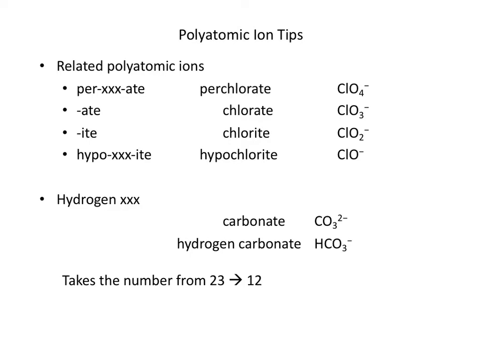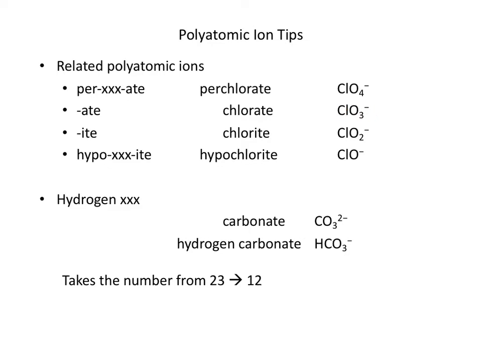So there are some patterns that you may notice when you look at the polyatomic ions that can help reduce the number a little bit. If we look, for example, at the chlorate ion, it has a formula of ClO3-.